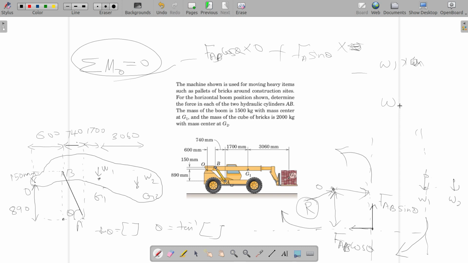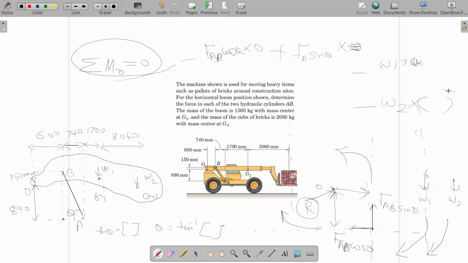And then you have W2 multiplied by the perpendicular distance between the line of action of W2 and the point O. This is the line of action of W2, and the perpendicular distance is 3060 plus 1700 plus 740 plus 600. This multiplied by that quantity is again causing a clockwise moment, so negative.